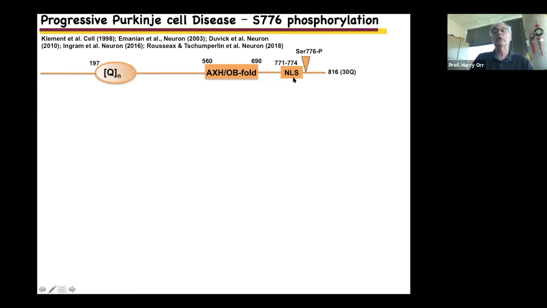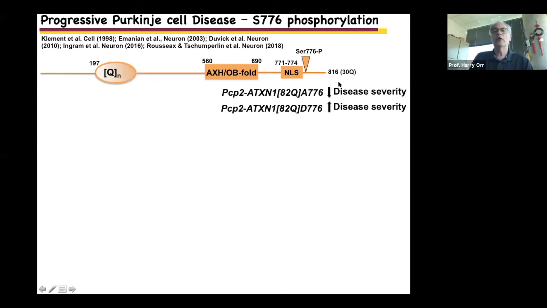Further towards the C-terminus is the nuclear localization sequence of the ataxin-1 protein, and we showed that entry of this protein into the nucleus of Purkinje cells is important to disease. But what I want to focus on now is the work we did examining the phosphorylation of serine at position 776. I should say the nomenclature for amino acid position numbers is based on a protein with 30 glutamines.